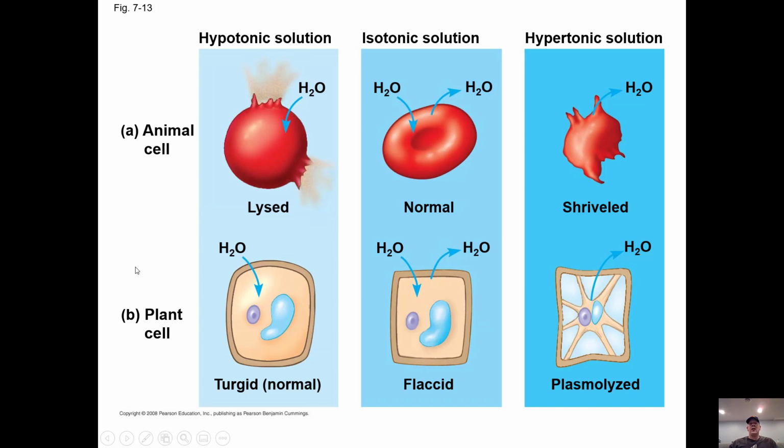With a plant cell, a hypotonic solution is actually going to make the water flood into the plant cell, and the cell membrane is going to get slammed into the cell wall, and that's actually not a bad thing for the plant. All right, it keeps it upright, keeps it stiff.